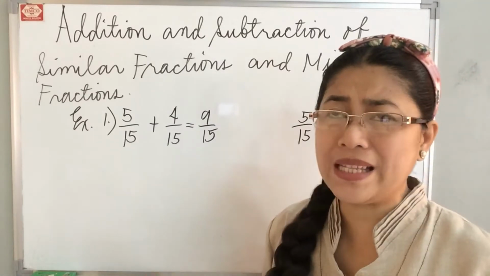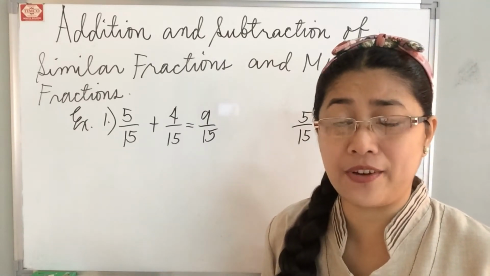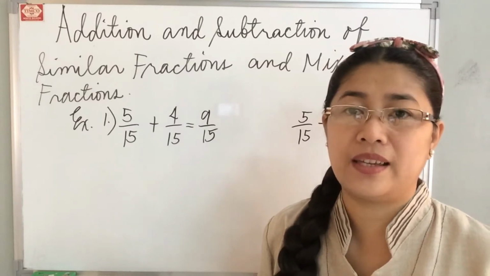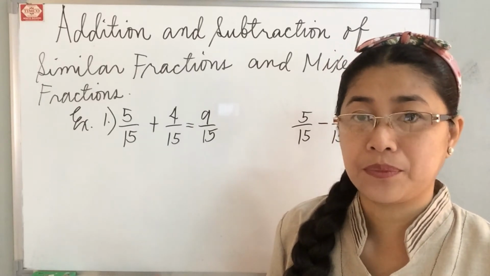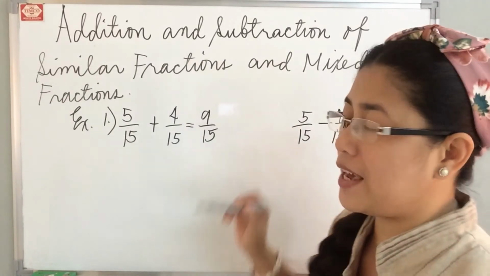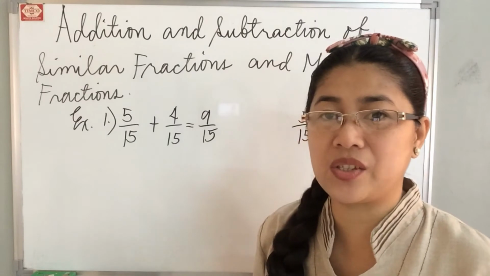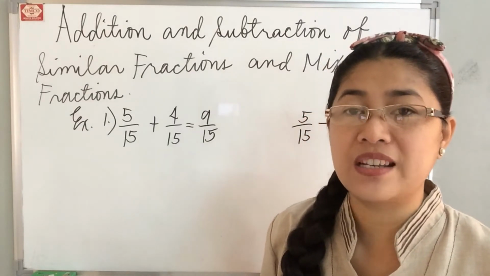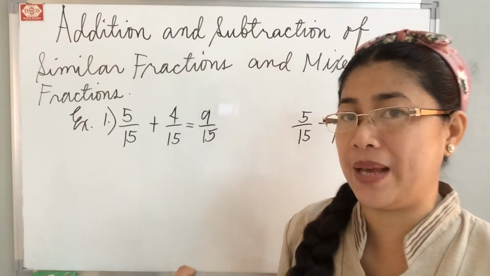Now, how can we identify if the answer can still be reduced to lowest term? By identifying if 9 and 15 have a greatest common factor. So still we're going to use the GCF, our past lesson.